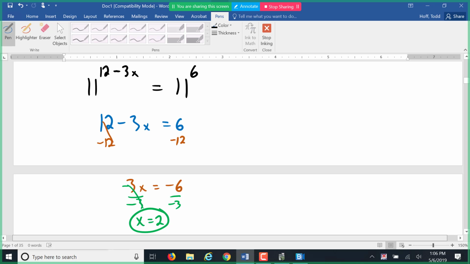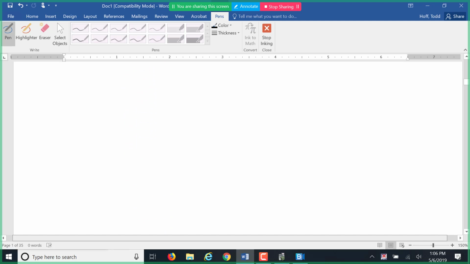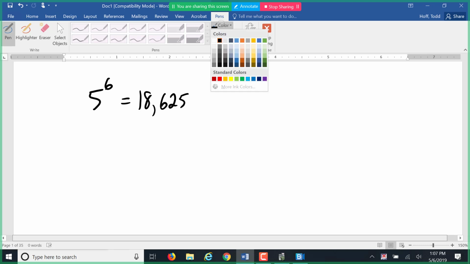Well, they don't always stay that simple. You've learned by now that it always gets worse. Let's look at a generic exponential, like 5 to the power of 6 equals 18,625. And actually, I'm going to do this.